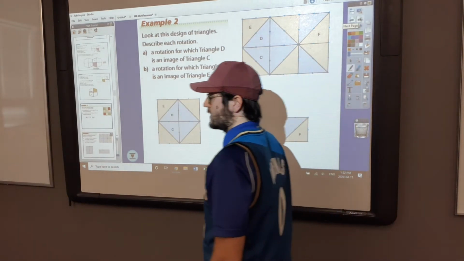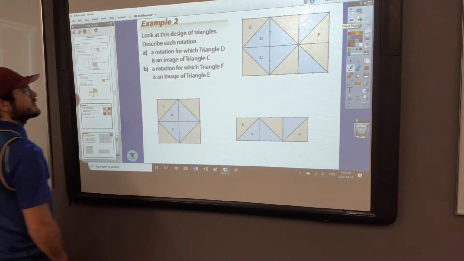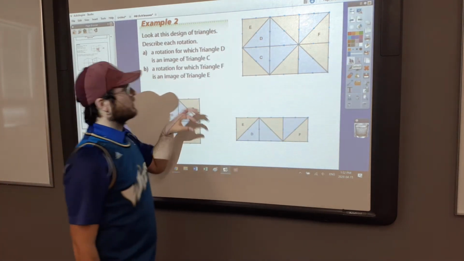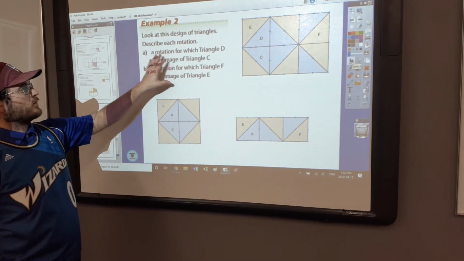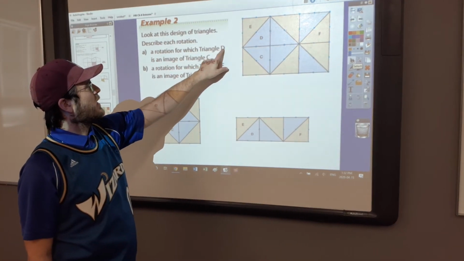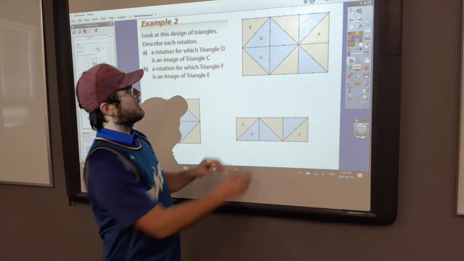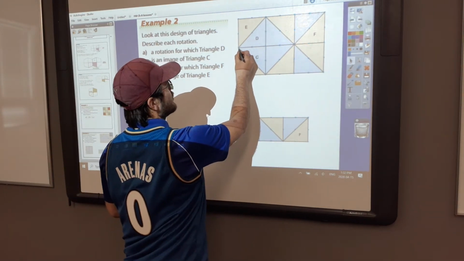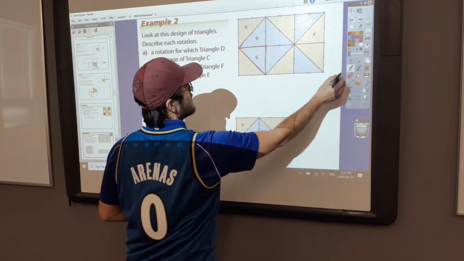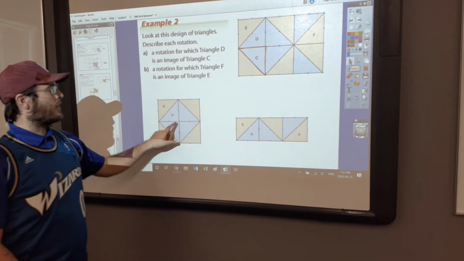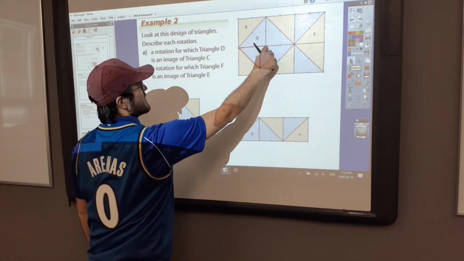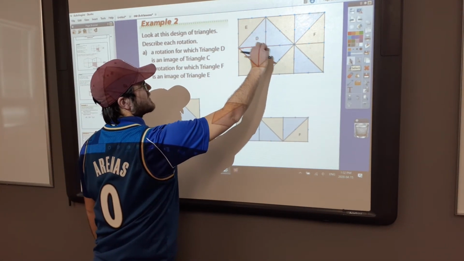Example 2 gets us to look at rotations. These are usually the trickier ones, so I'll actually rotate these shapes so you can hopefully get a bit of a visual here. So here's the main shape. We want to identify a rotation for which triangle D is an image of C. So we can imagine this is our initial shape. Okay, the C here is our initial shape. So how do I need to rotate if I want to get that next shape back? Well, if I take this as my rotation point, that's the only way it's going to work.